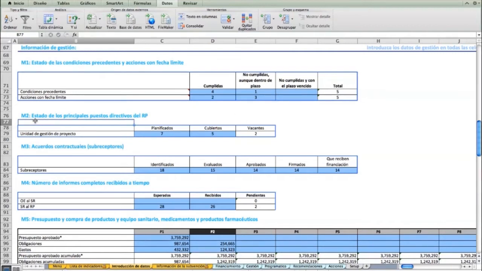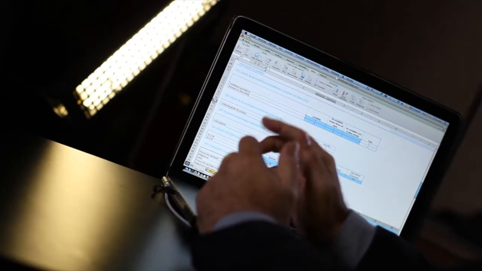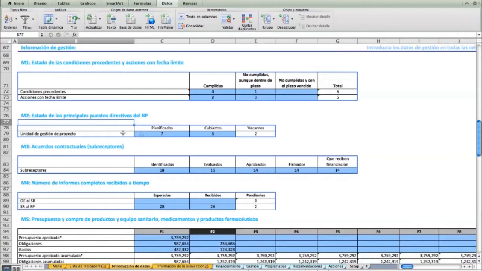The second indicator is the status of the key job positions planned by the principal recipient. The principal recipient plans in its proposal the number of positions that will be needed for the project. In this indicator, we see those management positions it plans to hire. How many have already been hired or covered?